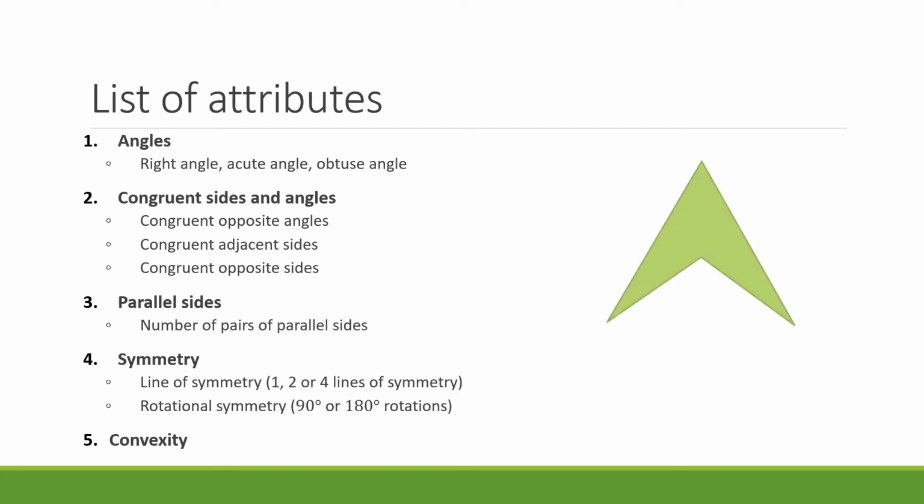So for example, if you have a figure like this, something that looks like an arrowhead, you can see that it has two pairs of congruent adjacent sides. And you can also see that it is concave because the bottom two sides are going in and then leaving the place. You can also think of it as having an internal angle of more than 180 degrees.